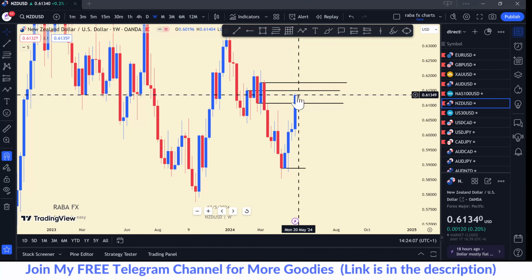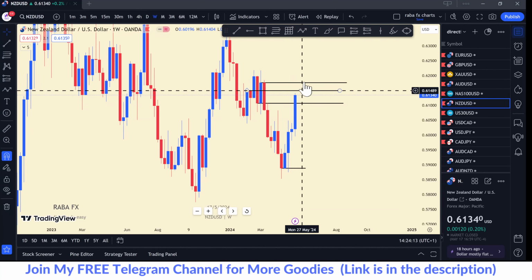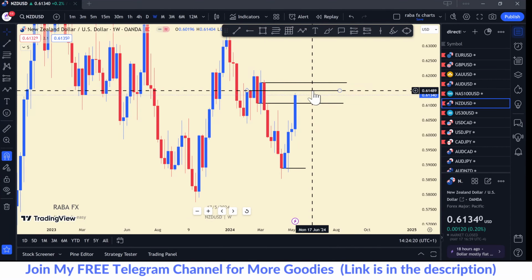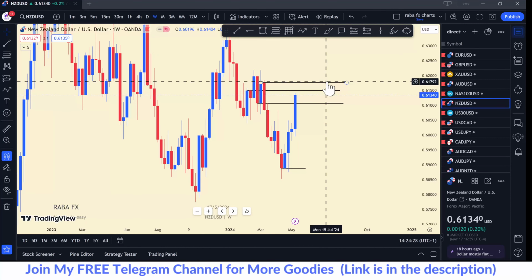Now, if you are trying to sell for any reason, this area is not the best area for you to sell. Okay? The best area for you to sell will be within these two prices here. The first one here at 0.6439. This is not the perfect price, just an estimate of what I can see on my chart now.